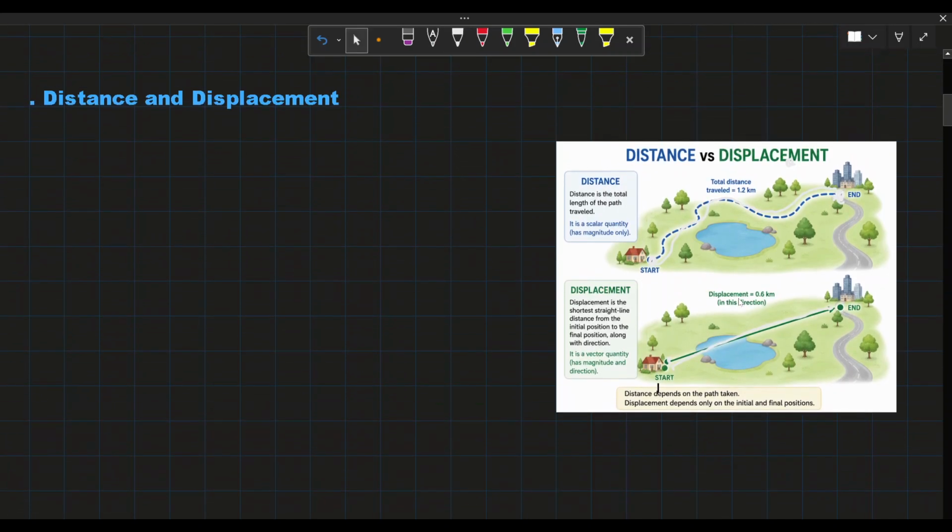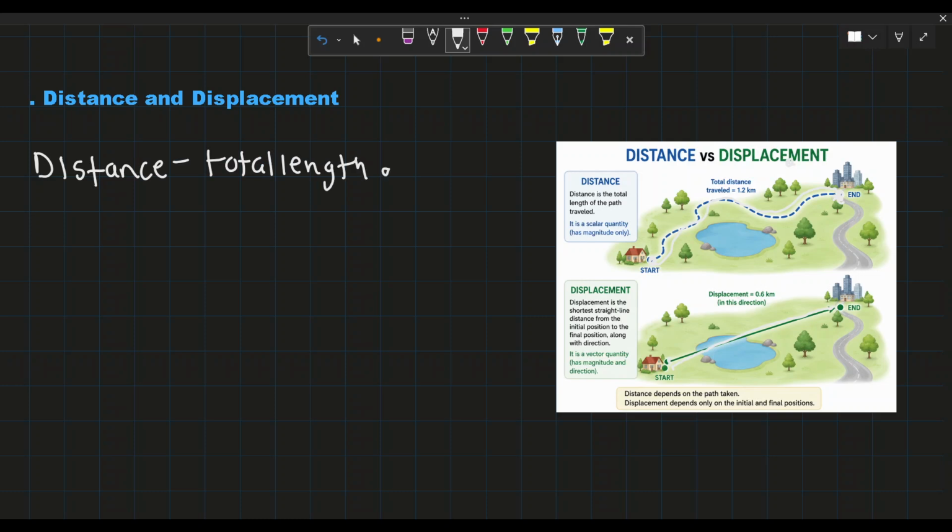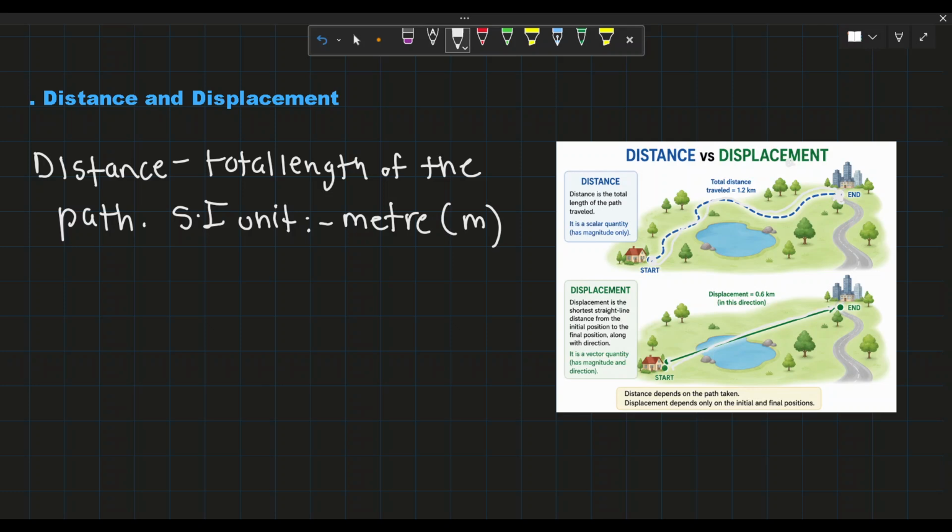So distance is basically the total length of the path. The SI unit of distance is meter, and as mentioned above, this is a scalar quantity.